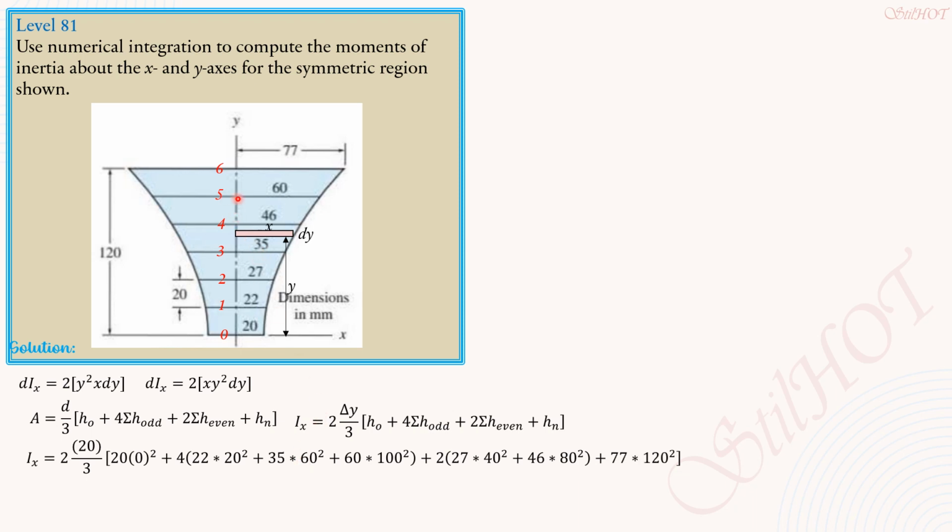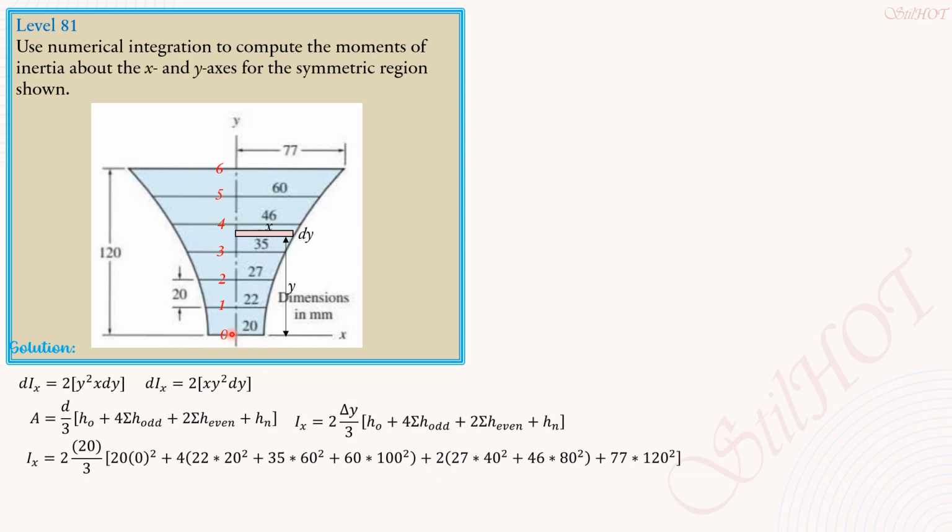Then the other odd is this one, 60. Its distance from the x-axis is 100 square. So that's the interpretation of 4 times summation of h odd, this whole quantity here, xy square.